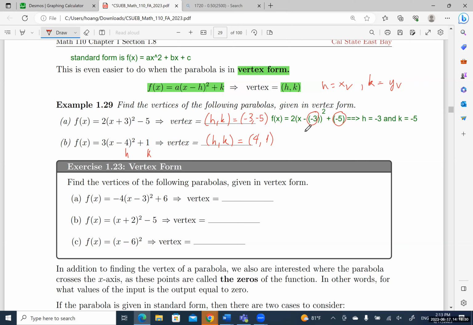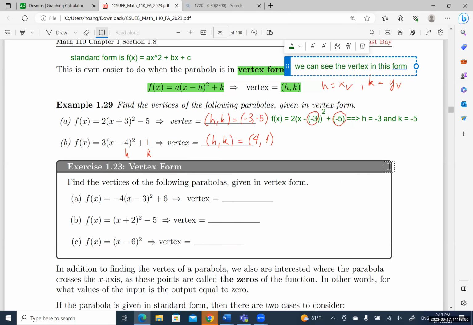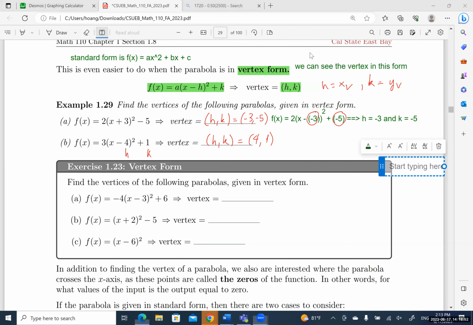So this is the reason why we call this form a vertex form, because we can see the vertex in this form, right?